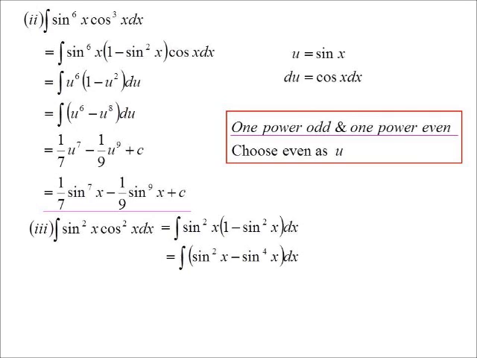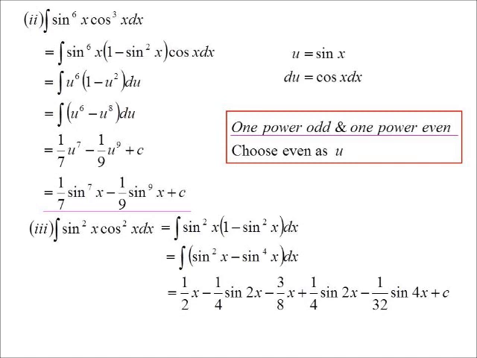Again, depending on how high those powers are, I took the easy way out here and made them both the smallest even numbers that I could. Obviously the higher the power, the more work that's involved. I've also done a little bit of a cheat there, because I knew those answers from when we worked them out before, and I've just substituted straight in.